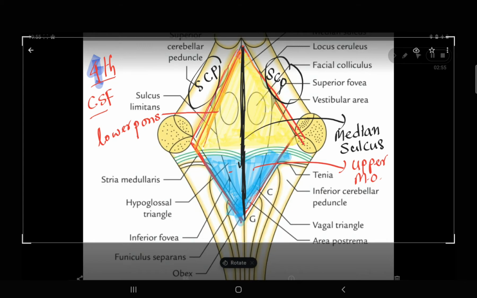Later on I will talk about the roof, the other boundaries, and clinicals of the fourth ventricle. First we discuss the floor, which is much important. This median sulcus divides your fourth ventricle into a right and a left half. And there is also another horizontal sulcus which is called the stria medullaris. This is nothing but a stria.